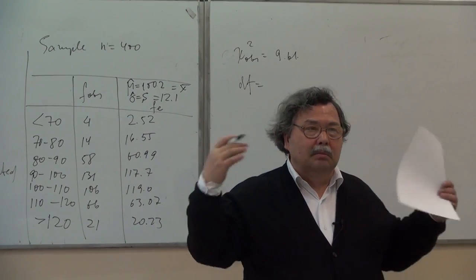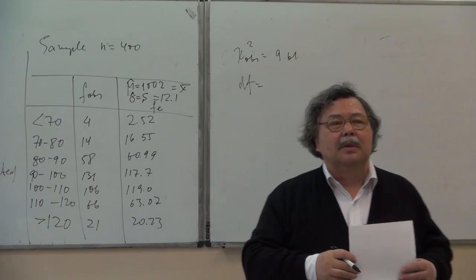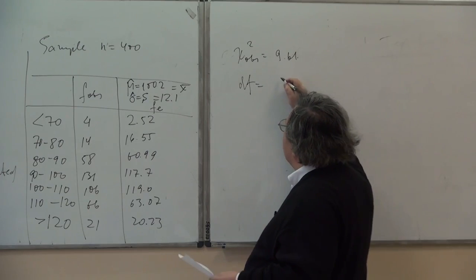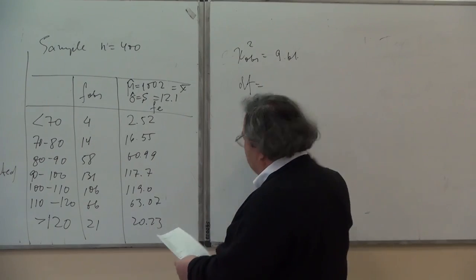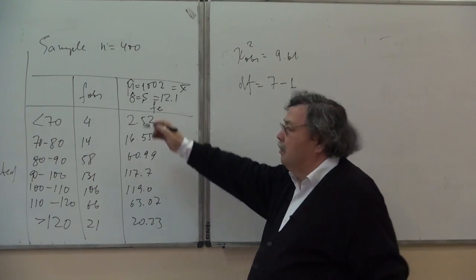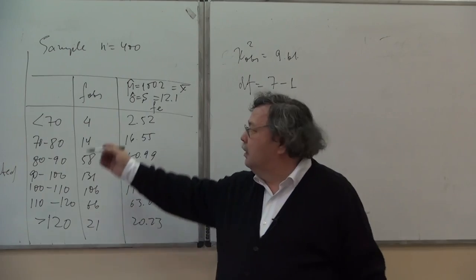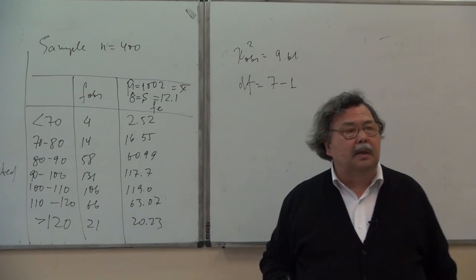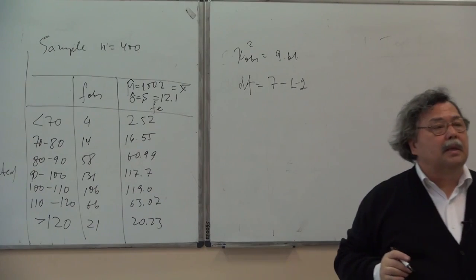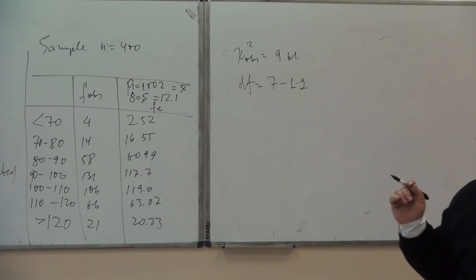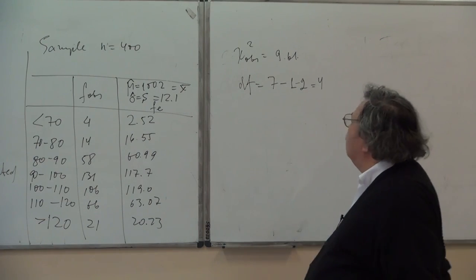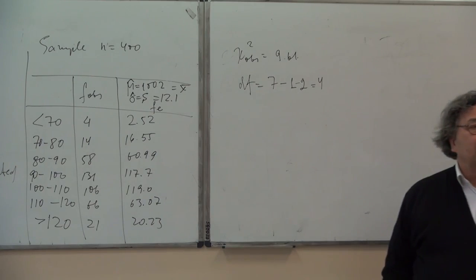I'm trying to rely on your intuition, but on an informal level, it's this: the number of categories minus 1, because these counts sum up to 400, and minus 2, because we have already used this data twice to estimate the parameters that were not known previously. So the number of degrees of freedom here is 4.